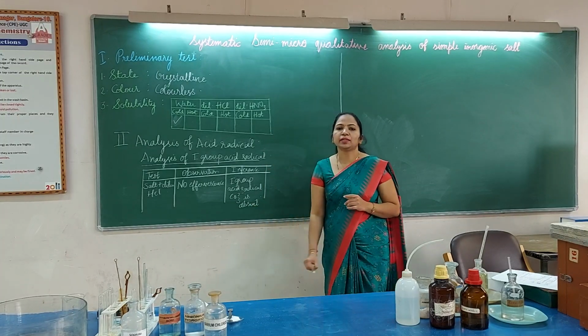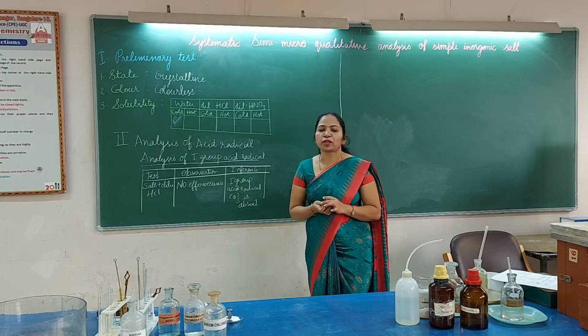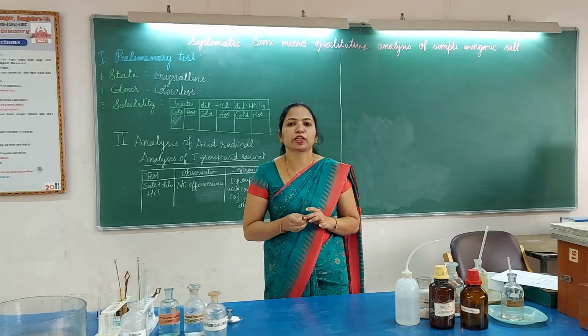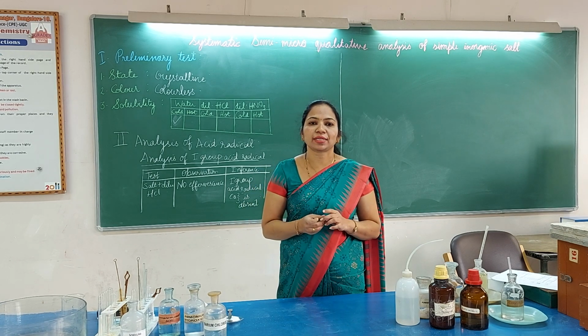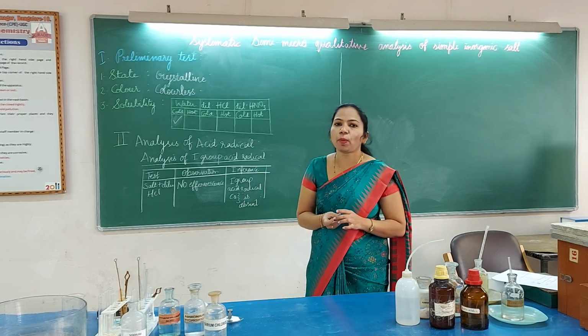First group acid radical CO3 2 minus, that is carbonate, is absent. After the first group analysis, we have to detect the second group acid radical. So next you have to do the analysis of second group acid radical.